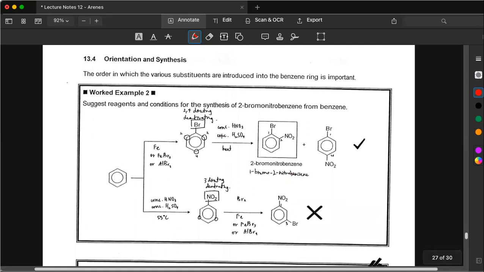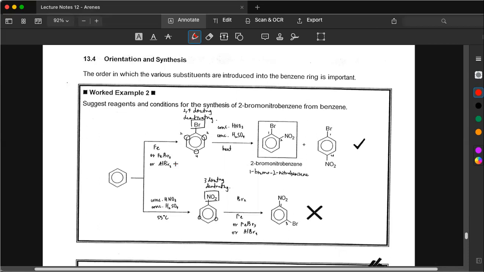So the order in which the various substituents are introduced to the ring is important. For example, suggest reagents and conditions for the synthesis of 2-bromonitrobenzene from benzene. You have Br, so it has to be Br2.